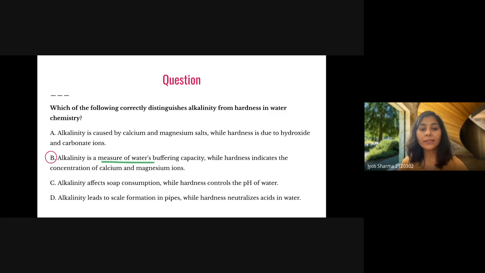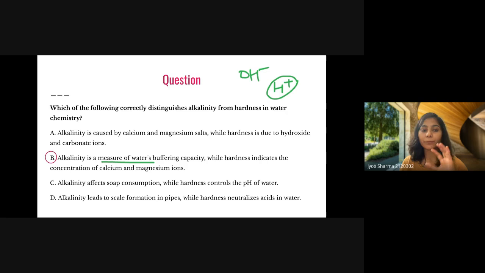Alkalinity is whenever you have hydroxide ions in your water, or you have some kind of chemical that will capture or reduce H plus ions, because H plus ion is what gives you the acidity in the water.